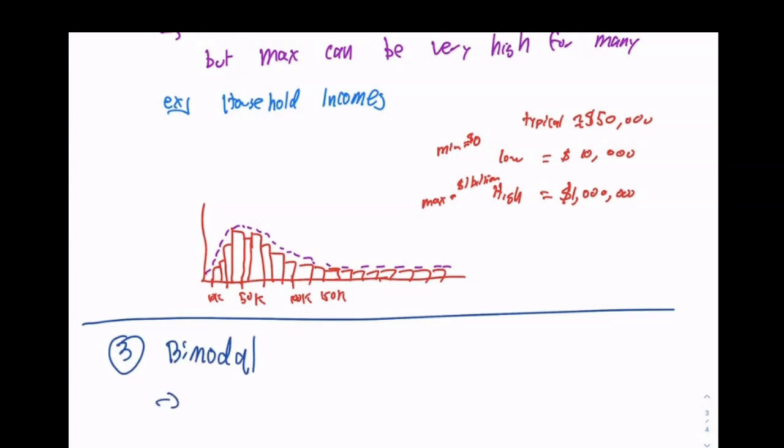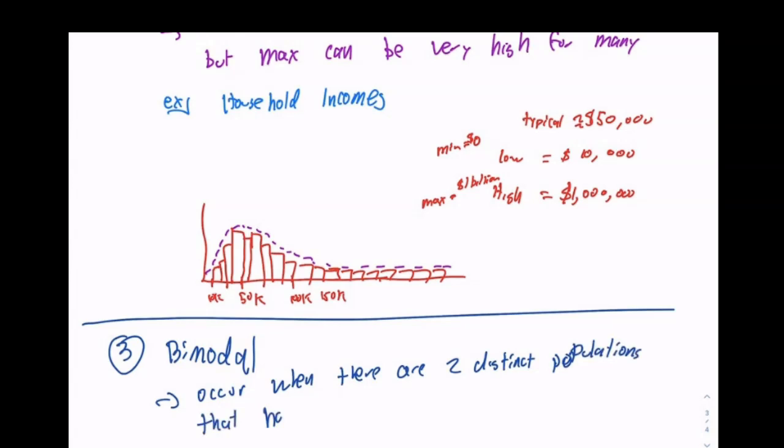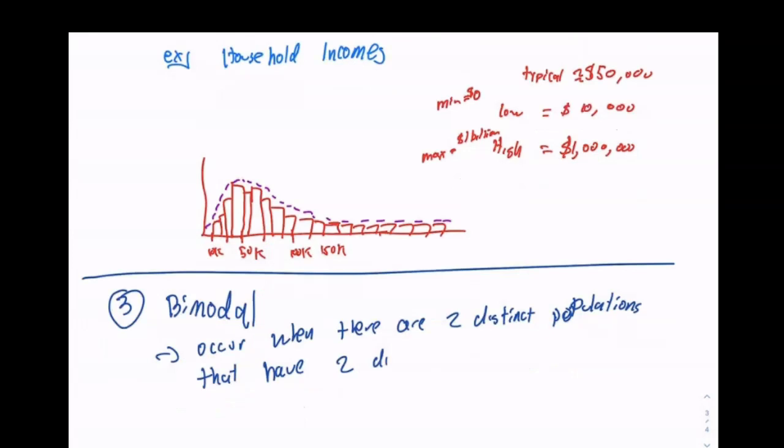Bimodals occur when there are two distinct populations that have two different typical outcomes.